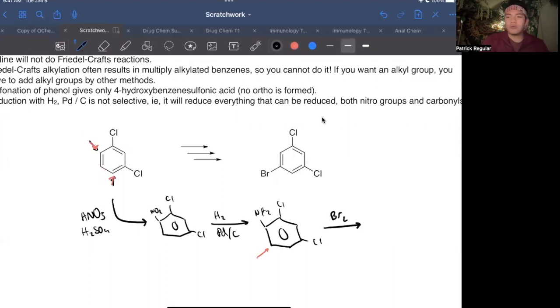You might be thinking, Patrick, why are you not putting FeBr3? Well, you can, but also remember, NH2 reacts with Lewis acids. And strong activators don't really need a Lewis acid catalyst because they're that activated. It'll put a Br in the ortho-para position just by itself.